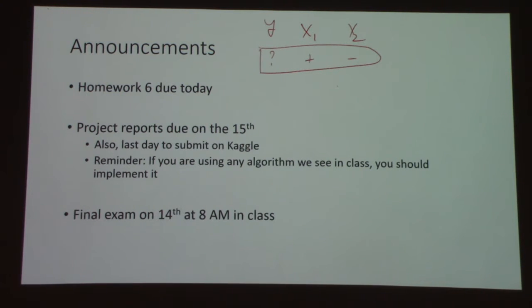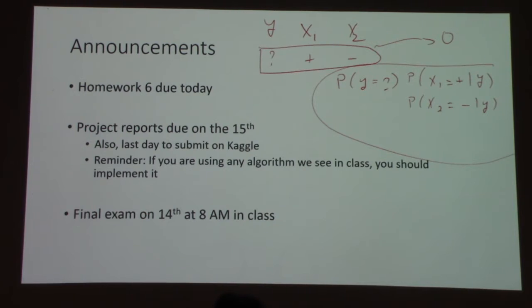The naive Bayes model says the probability of this is the probability of y equals whatever that was, times the probability of x1 equals plus given y, times the probability of x2 equals minus given y. Sure, in reality this should have a zero probability. But in practice, this product is not going to give you a zero probability. And this is where naive Bayes disagrees with the real world.